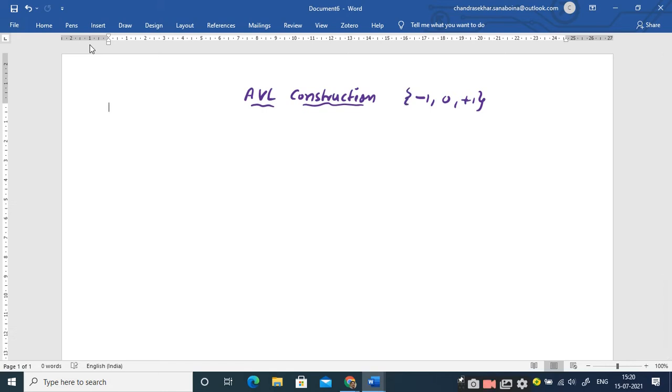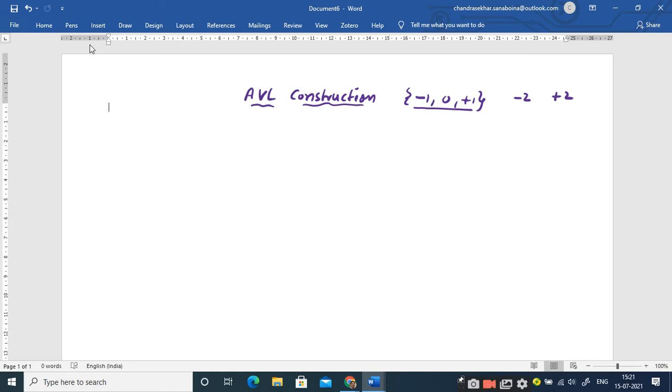But sometimes during the insertion and after calculating the balance factors, you may encounter a situation where one or more nodes have balance factors which do not fall under this range, right? So they may get -2 or +2, right?